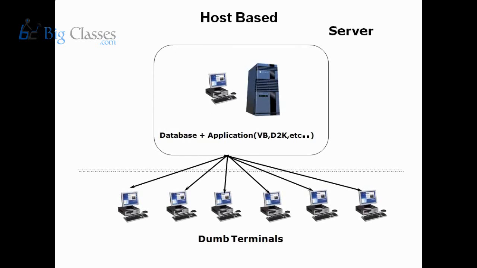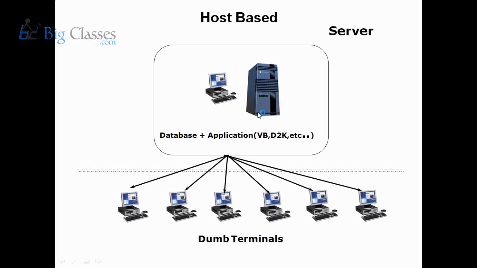Okay, fine. So here you are able to see dumb terminals and host based, right? Dumb terminals are the end users, which are logging into their sites. First it will go to the application server. In this host based case, both the database and the application should be on the same server.